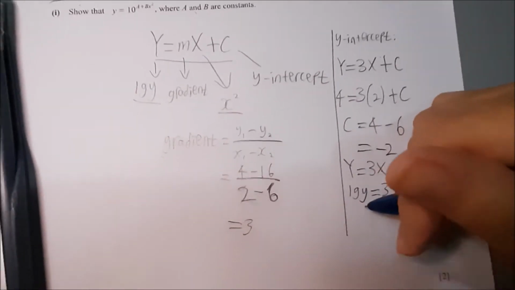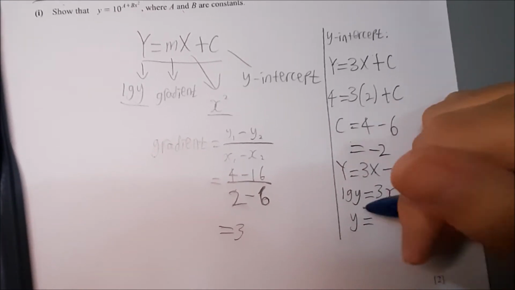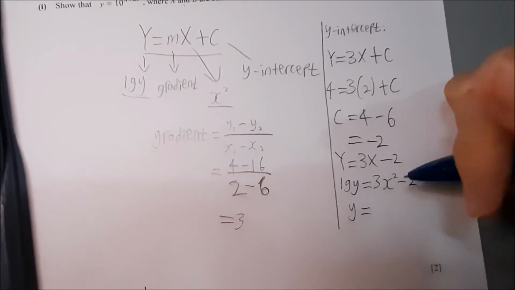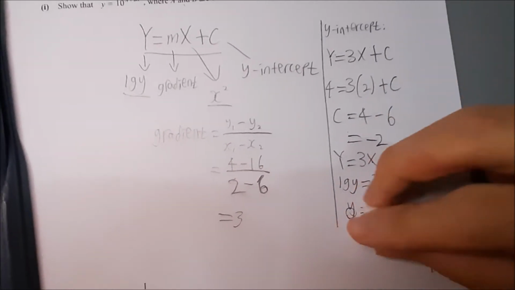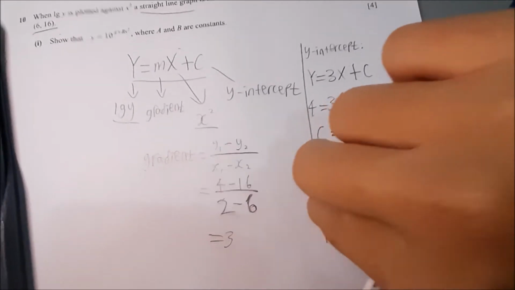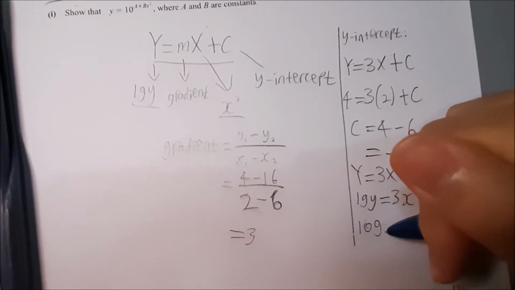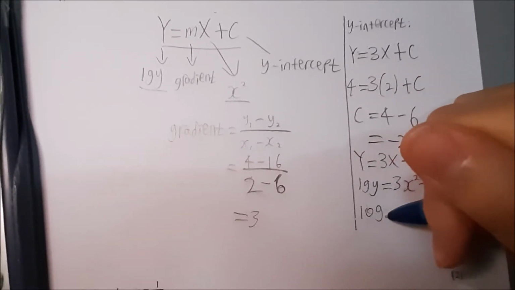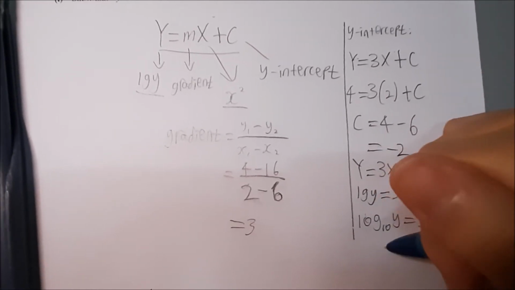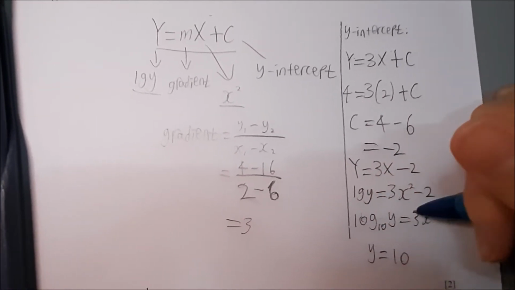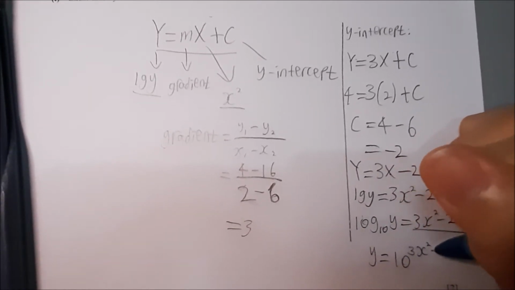And now from here we can make y the subject. lg or log can also mean log to the base 10. If you want to make y the subject, you just have to raise this whole equation to the power of 10. So it becomes 10 to the power of 3x squared minus 2.